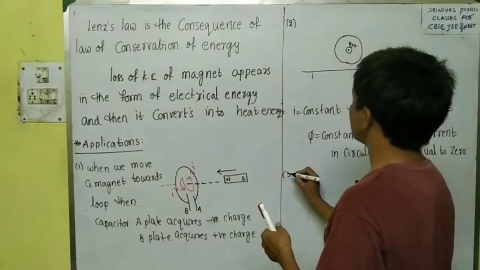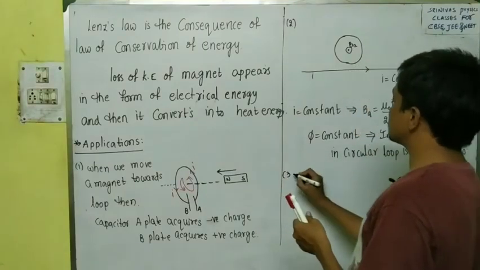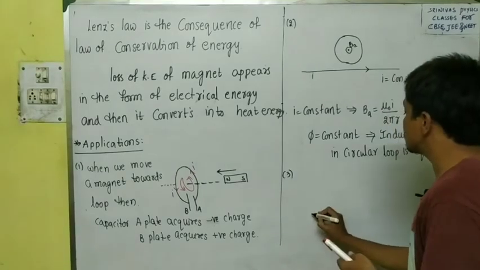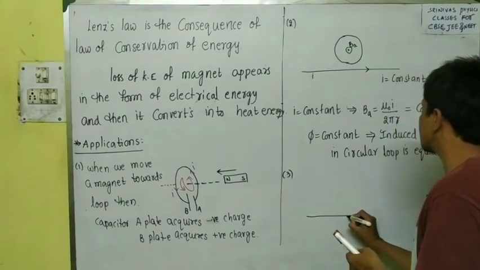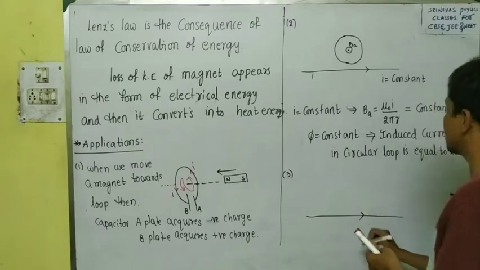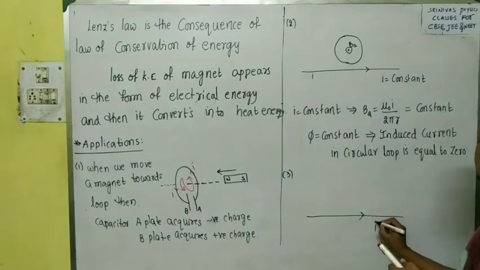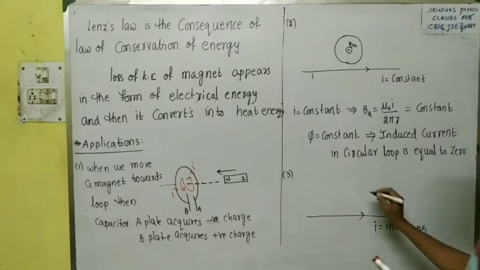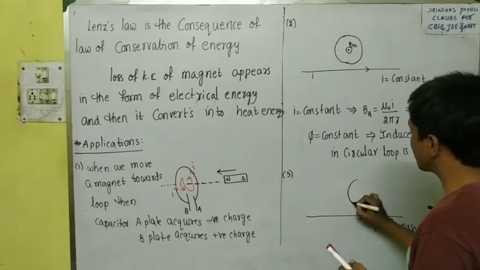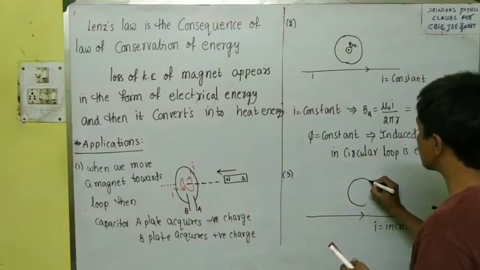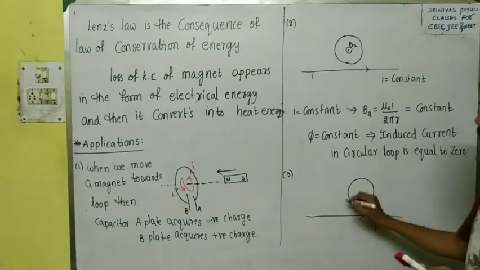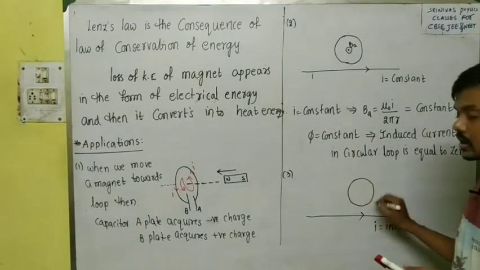The same thing. Okay, the example is that this is a straight current carrying wire. In this, if the current is increasing, right, and beside this I am placing one circular loop, right, then what happens to the induced current, whether the current induces or not?